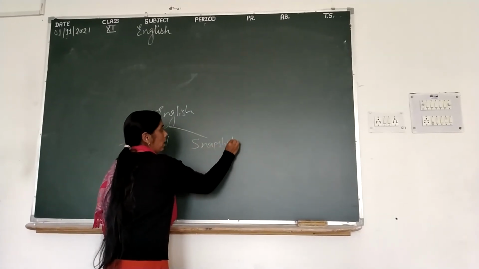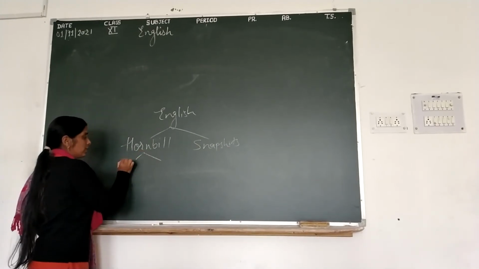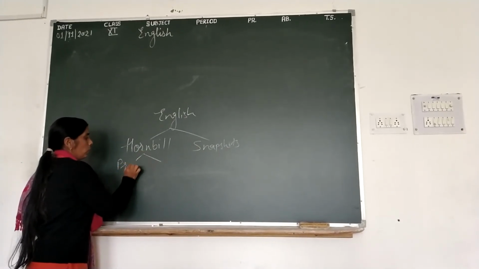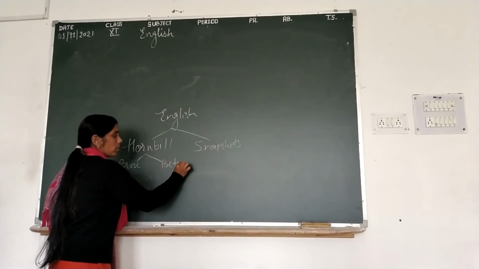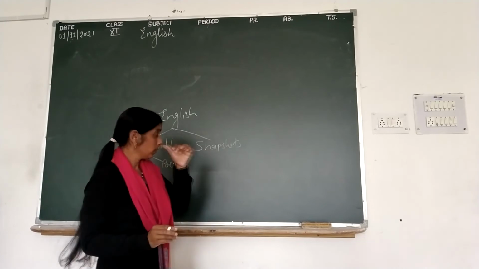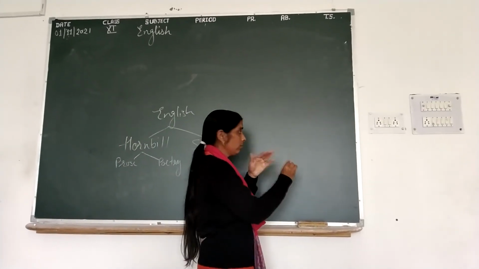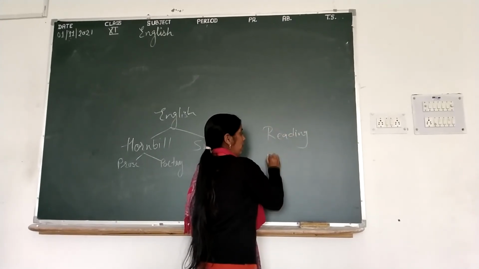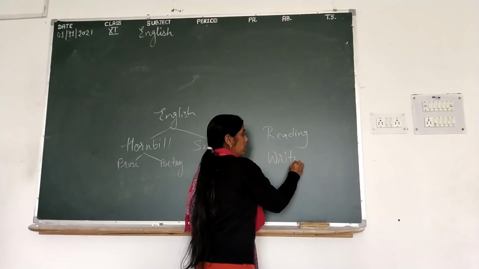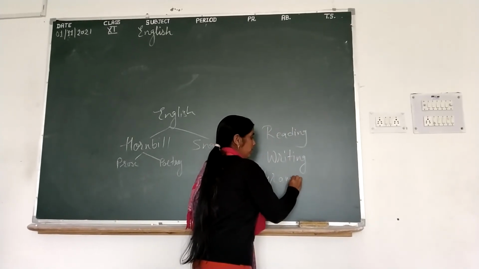Right? Now, in Hornbill, we are having 2 sections, prose and poetry. Now, the grammar portion is also divided into 3 parts, where we are having reading, thereafter you are having writing, and thereafter you are having your general grammar.